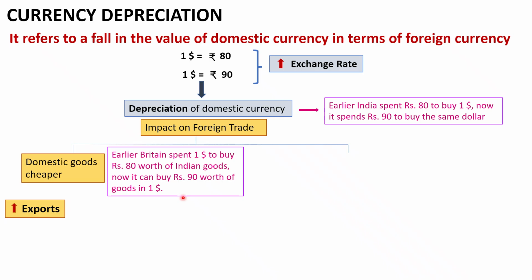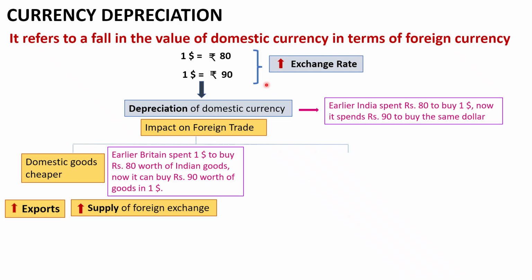Exports, we all know, are the main source of supply of foreign exchange. We earn foreign exchange when we export goods. So, increase in exports implies increase in supply of foreign exchange. So, we see that there is a direct relation between exchange rate and supply of foreign exchange. Both are moving in the same direction.